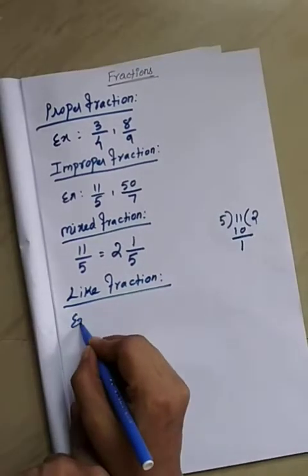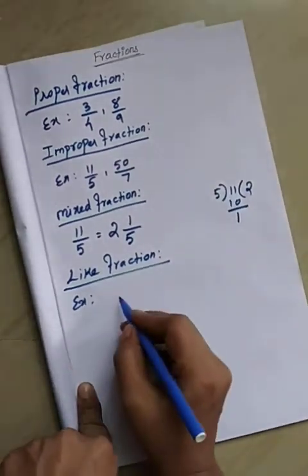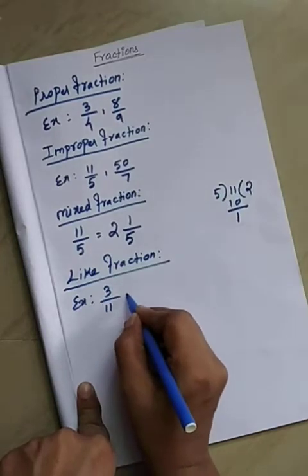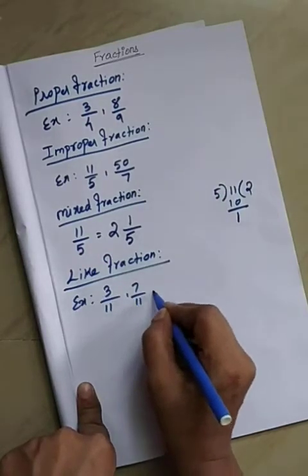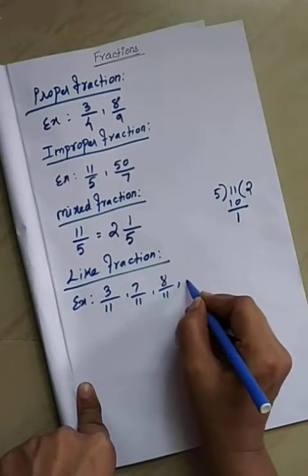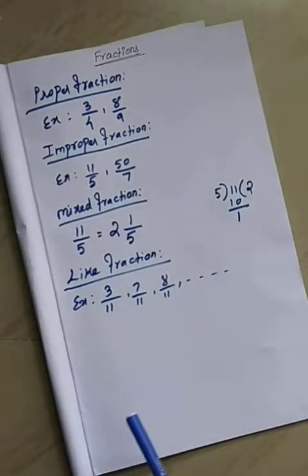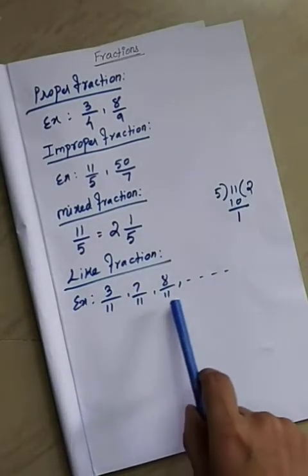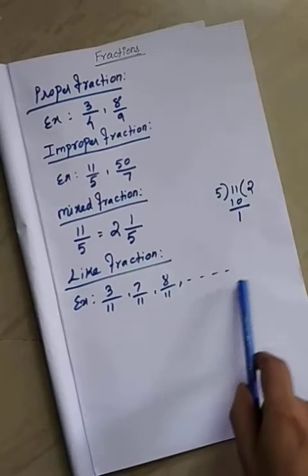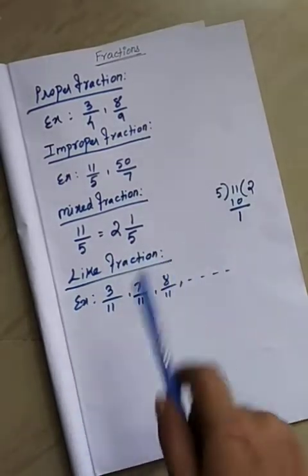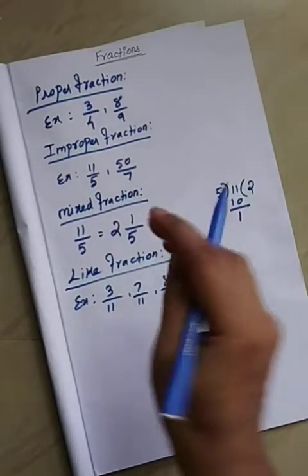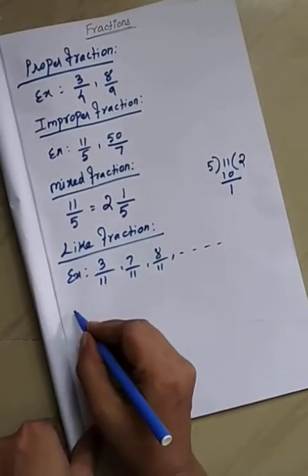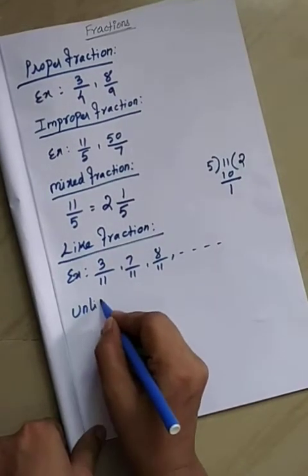See some examples: 3 by 11, 7 by 11, 8 by 11, etc. See the denominator. All denominators are the same. So this is the like fraction.